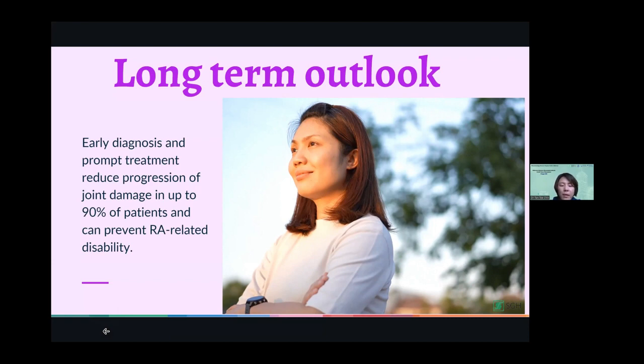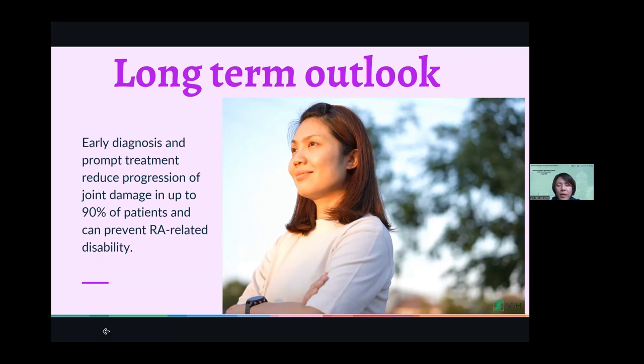In high-income countries, approximately 75 to 80% of the patients will achieve remission or low disease activity with adequate treatment. So it is important to work hand in hand with your rheumatologist if you have rheumatoid arthritis to reduce the long-term issues of rheumatoid arthritis.